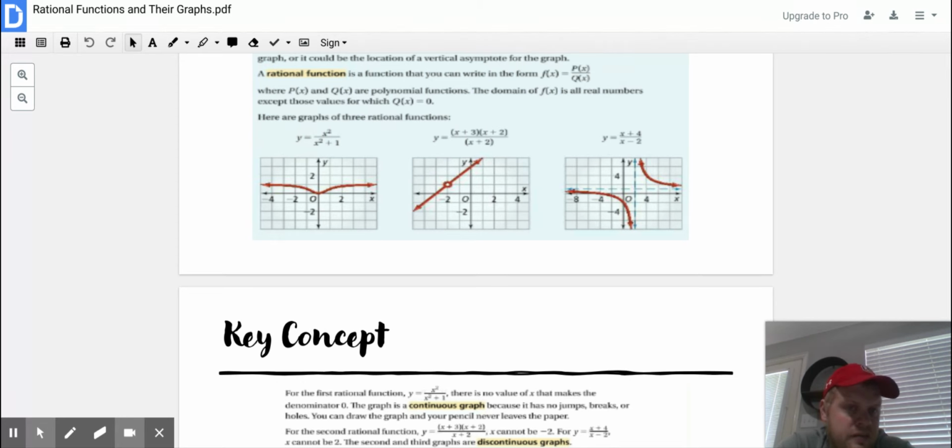On this one over here, we have our asymptotes on our graph. Since there are asymptotes, that means there are points that cannot be reached, which makes this a discontinuous graph as well. So again, if you can draw a graph where there are no stopping points whatsoever, it's considered a continuous graph. That's the difference between continuous and discontinuous.